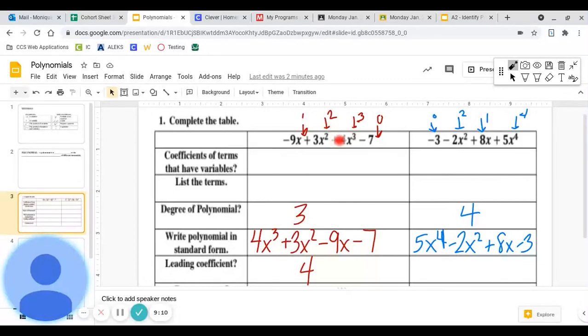If the sign is negative in front of there, then it is a negative term. And then this last one, the leading coefficient is 5. It's easy to tell when it's in standard form. When it's not in standard form, you have to go and look for the greatest exponent and then take the coefficient of the greatest exponent. So this one is 5.